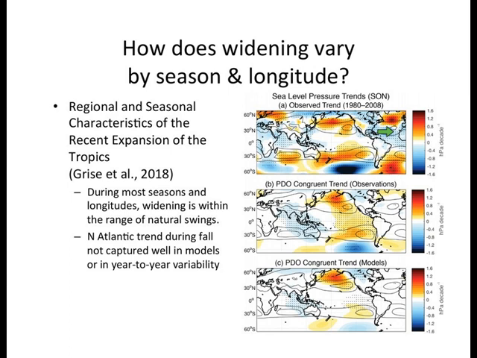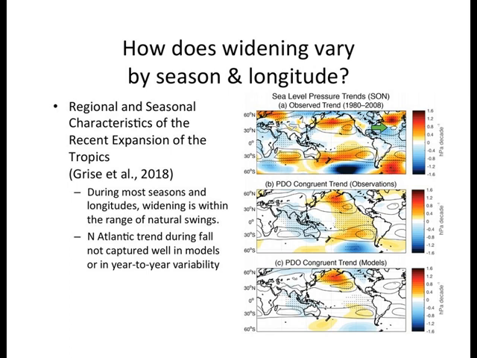Whereas if you look at the trend in observations that's congruent with the PDO, it doesn't seem to have any real impact over there, over the North Atlantic, in either observations or models. An interesting thing to point out in their work is that the forced response in climate models also does not explain this strong shift seen here in observations.